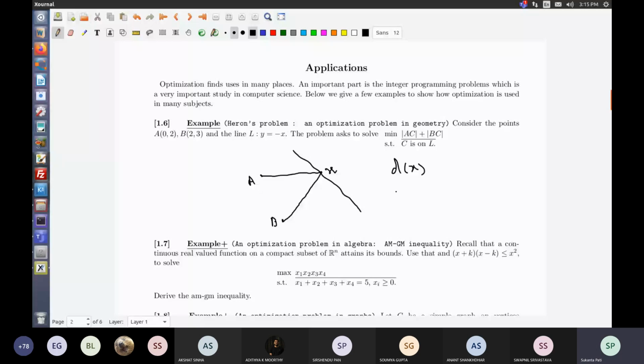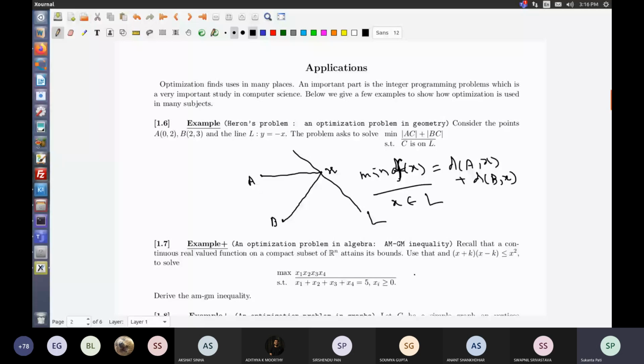So d(x) equals d(A,X) plus d(B,X), where d stands for distance. You can call this f(x) also. Basically, given two points A and B outside the line, you want to find a point x naught on the line where this is the minimum.